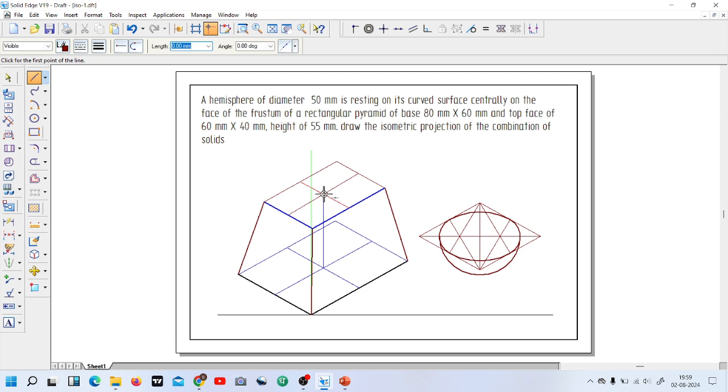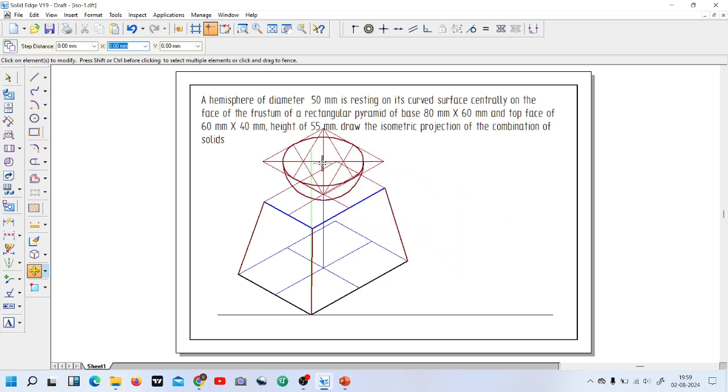From this top surface I am going to draw a 25 mm line here. Okay, I got the center point for the hemisphere. Next step, I will go for the move option, turn off copy, select this entire drawing, keep this center point or midpoint as the reference point, and place it over here.